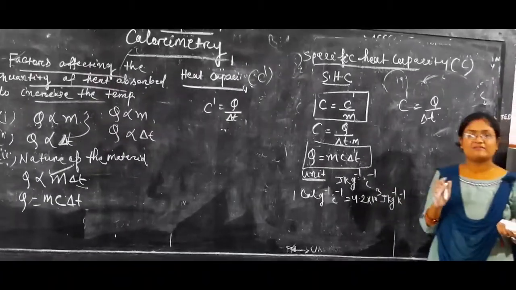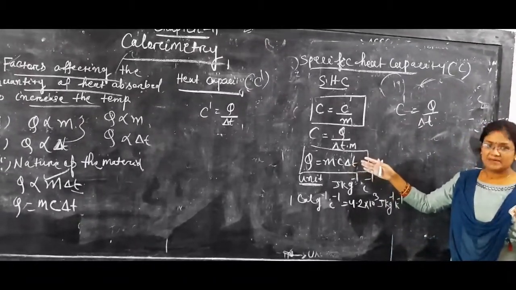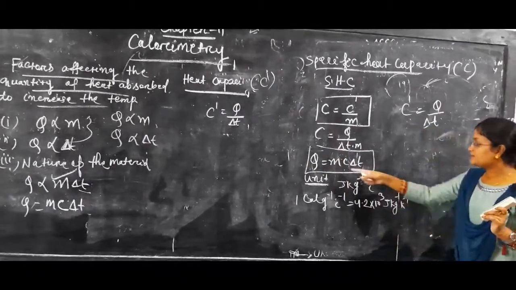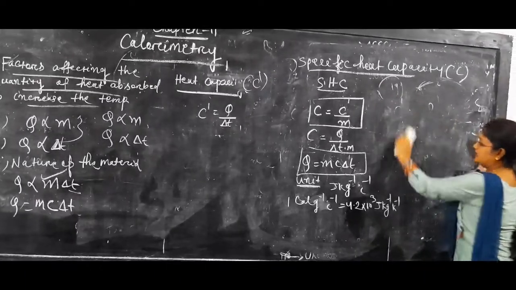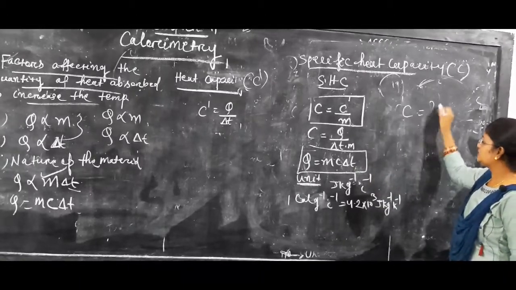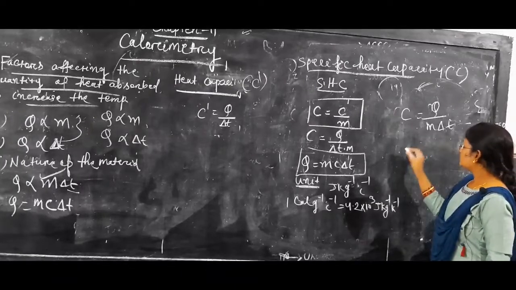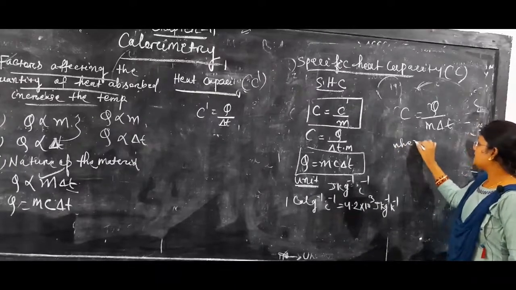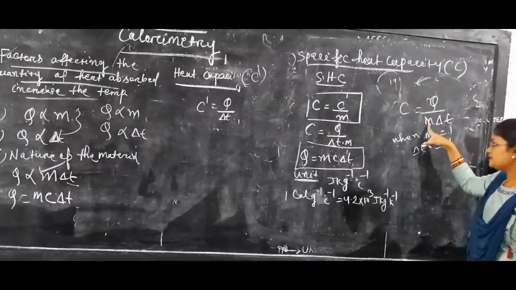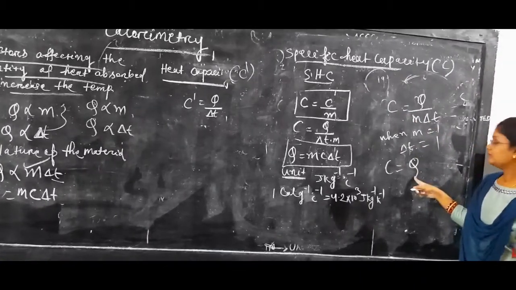When you have the mass, the specific heat capacity and the increase in temperature given, you can calculate how much heat is absorbed by that body. And since Q equals M C delta T, if you want to define C mathematically, C equals Q by M into delta T. So when M equals 1 unit and delta T equals 1 unit, then C equals Q. What does it mean?